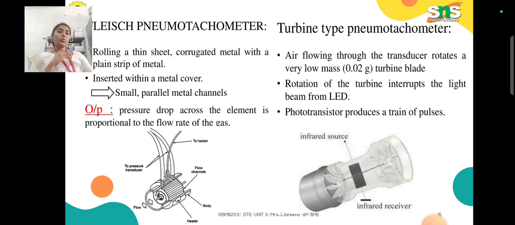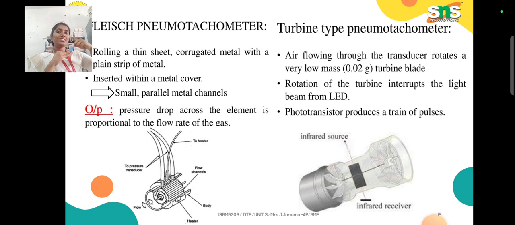But during the procedure, the patient blows the air, and according to the flow rate the turbine starts to rotate. This rotation of the turbine interrupts the light coming from the LED to the phototransistor.